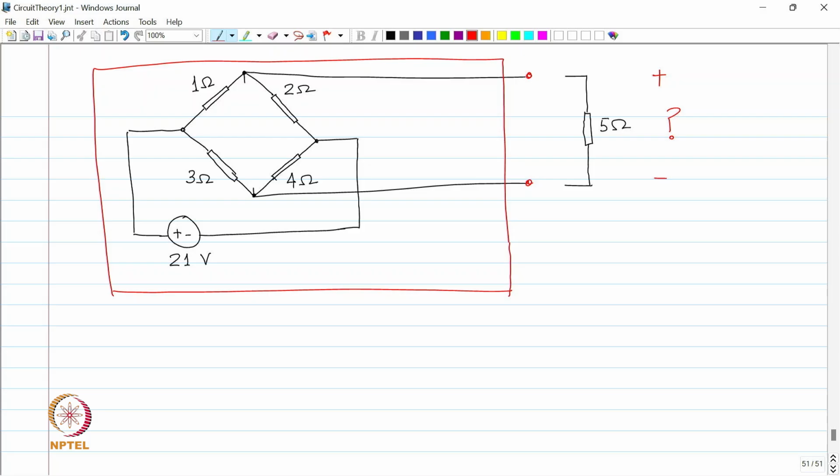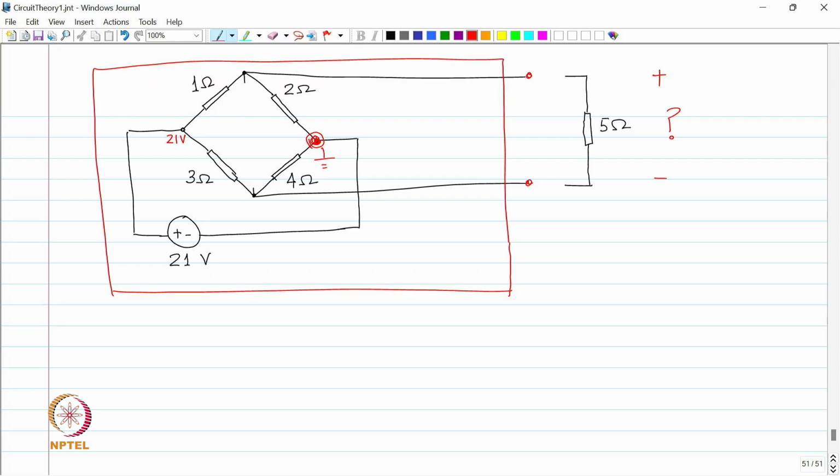Before I do open circuit voltage, let us ground one of the wires maybe. Which wire do you want to ground? Let us ground this wire. Just for fun. So, that node is at 0 volts, this node is at 21 volts.